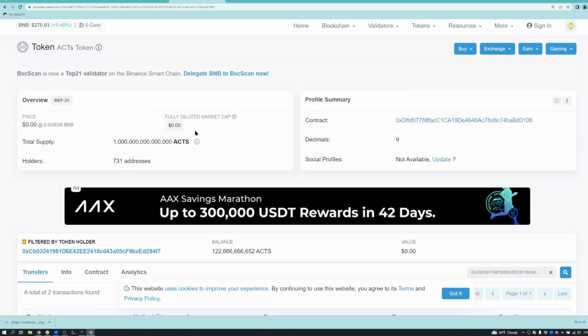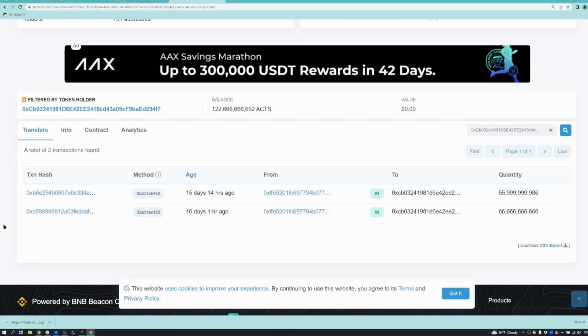Here's another wallet that has multiple ledger entries, multiple transaction hashes. The first one brought in 66 billion tokens, and the second transaction brought in 55 billion tokens, to be a total sum, because they're both in, you see here in and in, of 122 billion AX tokens.